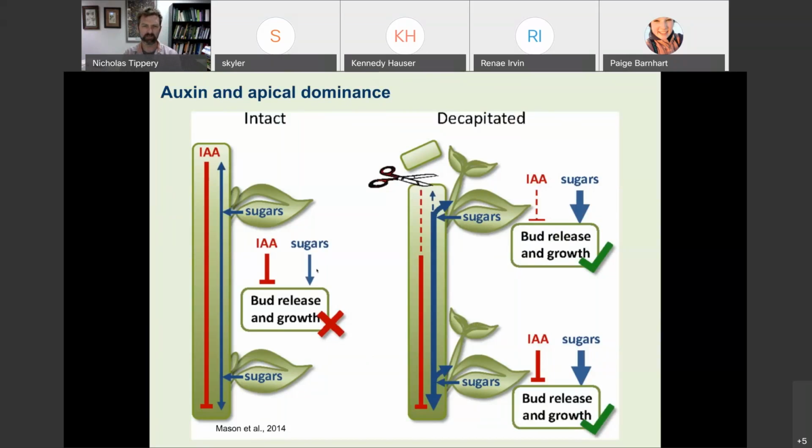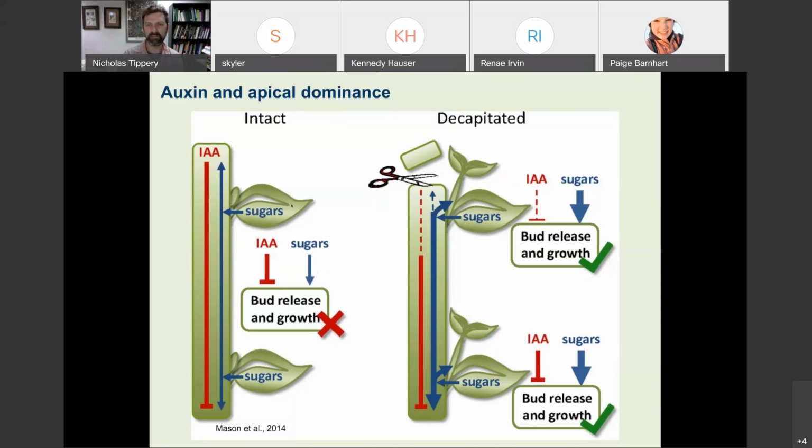And I think I mentioned before, this is a process that auxin has been credited for. Then this study was highlighting how you could also get a similar response just by looking at the sugars. So this production of sugar and making sugar available to the shoot tip.